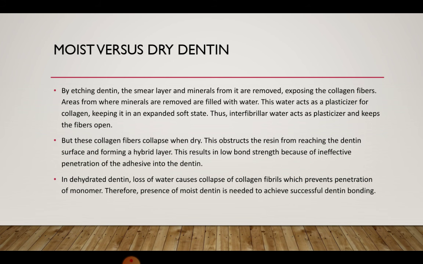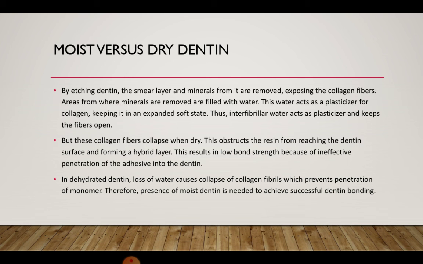Now coming to moist versus dry dentine. By etching the dentine, the smear layer and minerals from it are removed, thus exposing the collagen fibers. That means when we put a mild acid on the dentine, what happens?